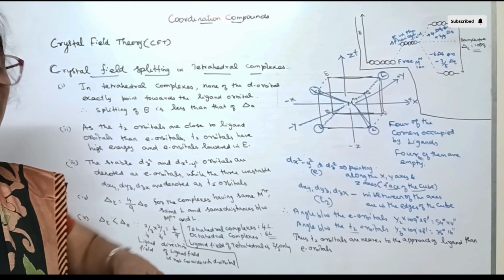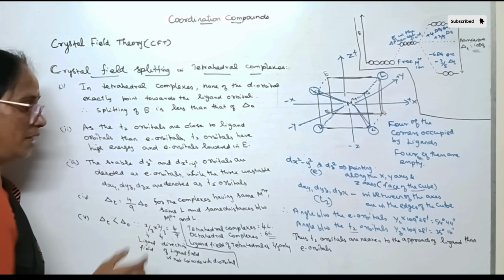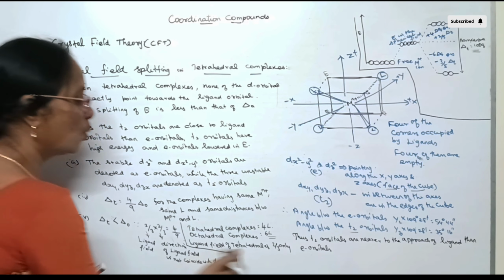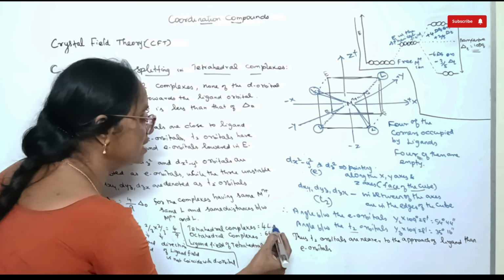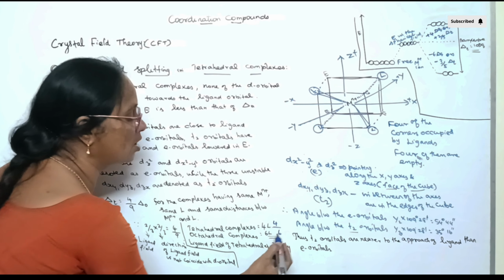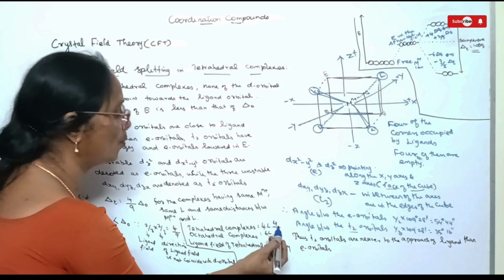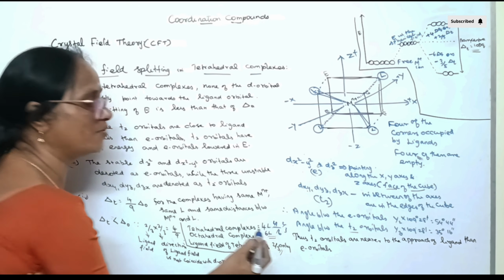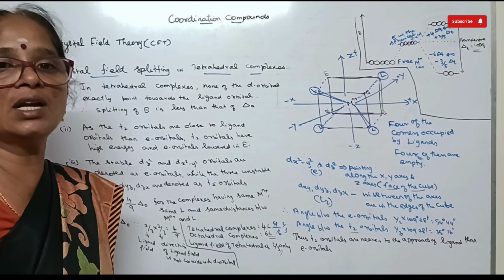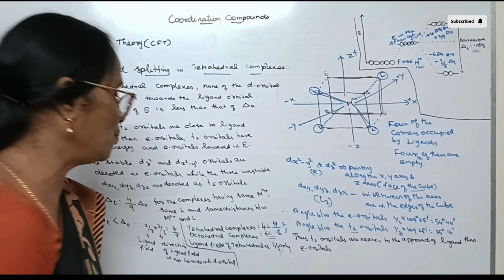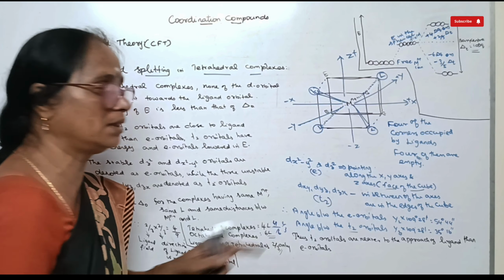So you can find the ligand field of tetrahedral complexes is only 2 by 3. That means we can write 4 by 6, 4 for tetrahedral complexes, 6 for octahedral complexes. You can solve it, you are finding only 2 by 3. So the ligand field of tetrahedral complexes is decreased by the factor of 2 by 3.